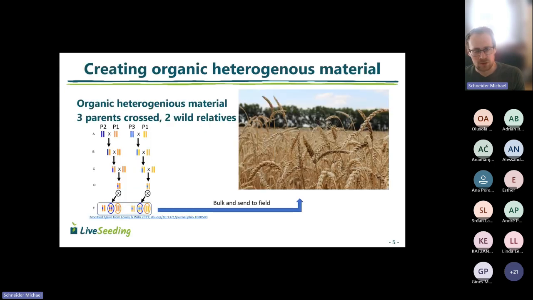So we have heard already, I think in the first session, how you could generate a composite cross population, and this is kind of analogous to organic heterogeneous material. So I brought up here an example where you have three different parents which you cross, bulk them together in a generation of your preference, and then you send it out to the field so that you have a population that is really heterogeneous and diverse for various traits.